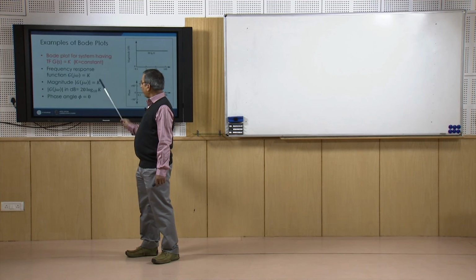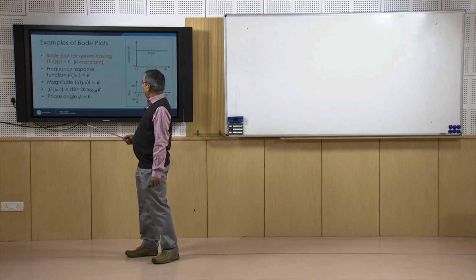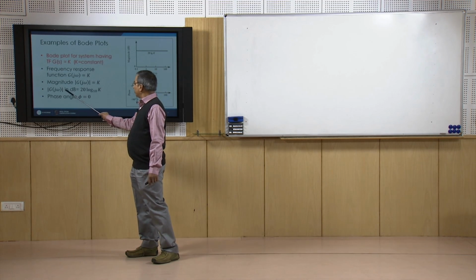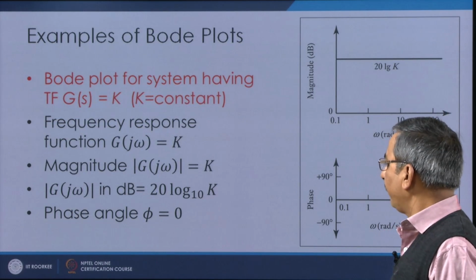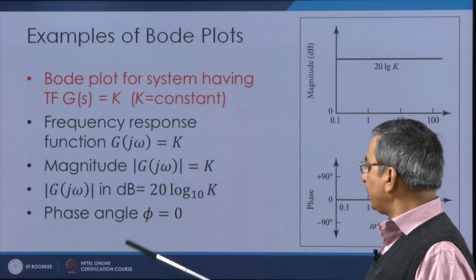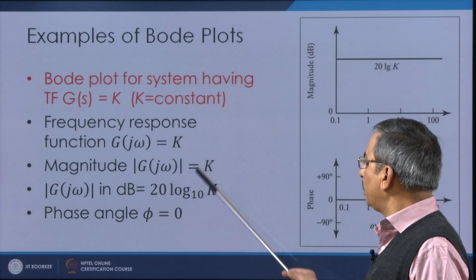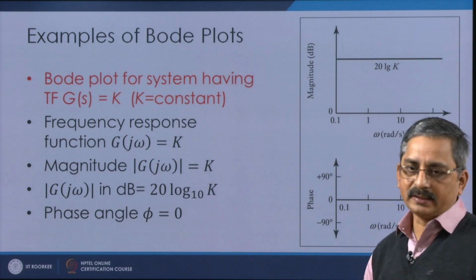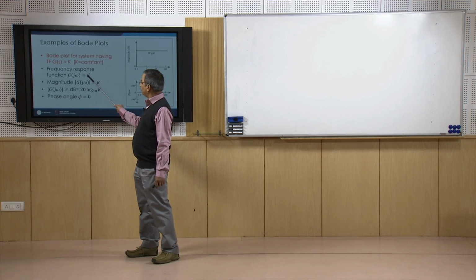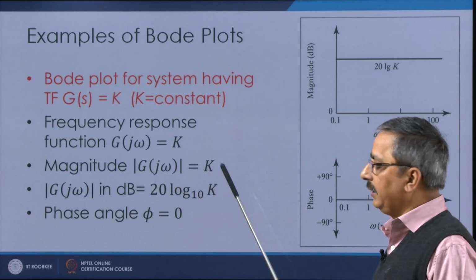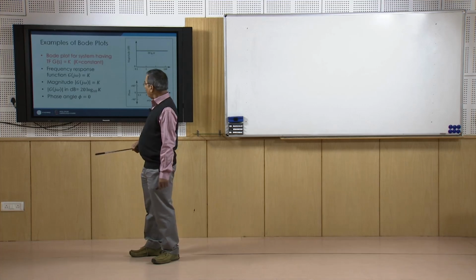In terms of decibel, this is 20 log 10 K, and the phase angle here is going to be 0, because tan φ is y by x and the y component here is 0.